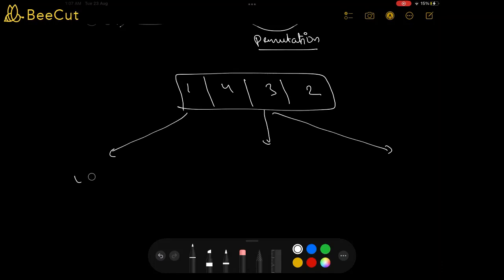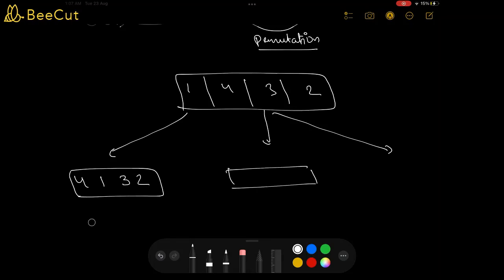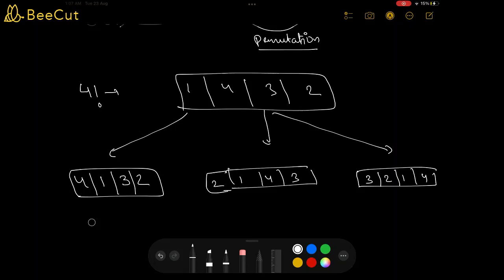So we have 4 1 3 2, then we have 2 1 4 3, and at last we have, let's say, 3 2 1 4. So these are three permutations that we have. There can be many other permutations. If there are n numbers, then the number of permutations is n factorial. Here the number of elements is 4, so the number of permutations is 4 factorial.